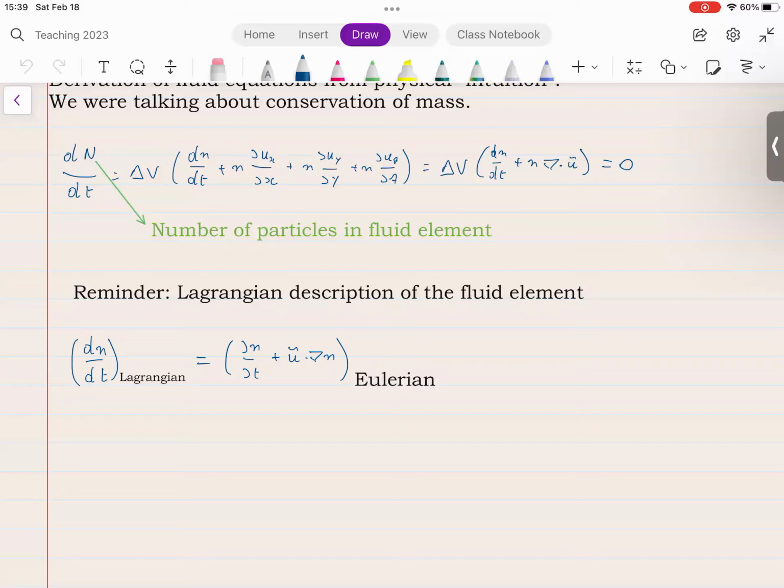And I'm going to make this a little bit smaller. There. If you have not seen this before, don't worry too terribly much. Now, the last step, just take it on faith.